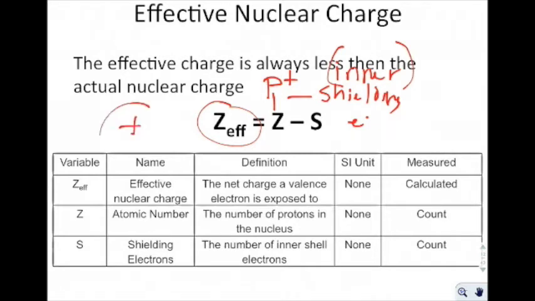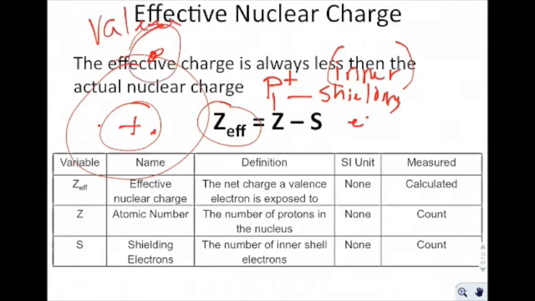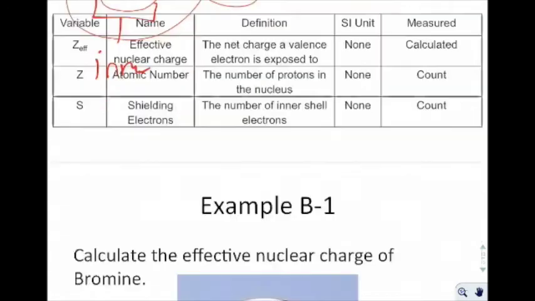Remember, valence electrons are the ones that are on the outermost level. So if I've got two electrons here, this right here is a valence electron because it's in the outermost level. These two electrons right here would be considered inner electrons. So that's how we calculate the effective nuclear charge. You just take the number of protons and you subtract the number of inner electrons.